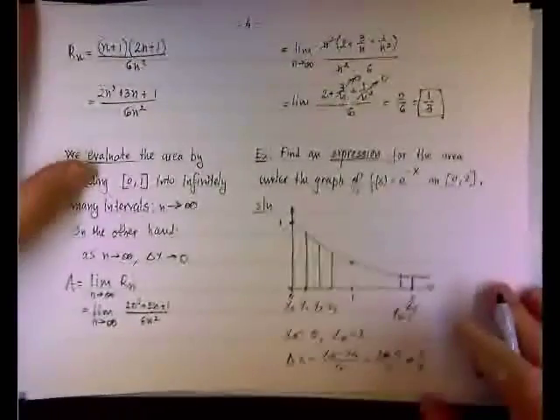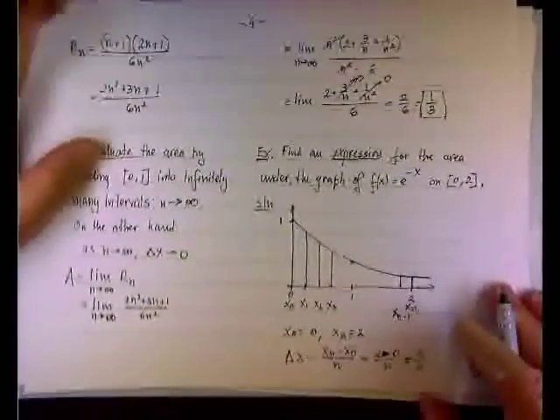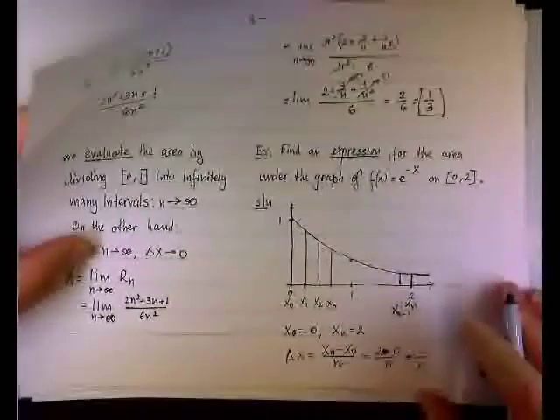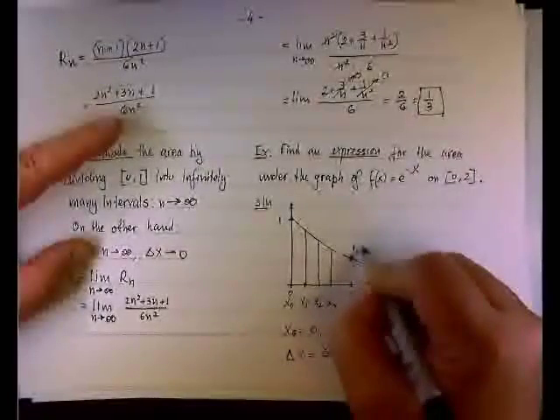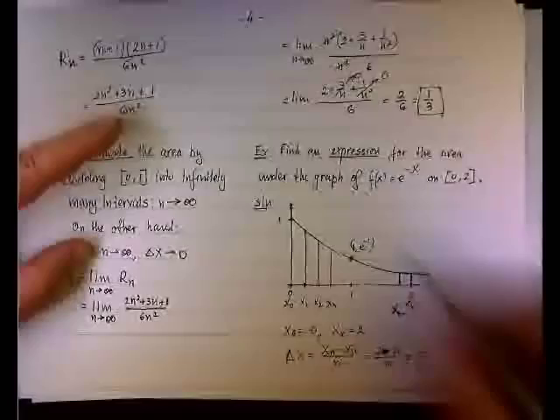So you see the resemblance of what we did before, except now we have 2 over n instead of 1 over n. Next, what we did before is we evaluated x sub 1, x sub 2, x sub 3, and we found the pattern, and we wrote a general expression for x sub i. So we'll do the same.